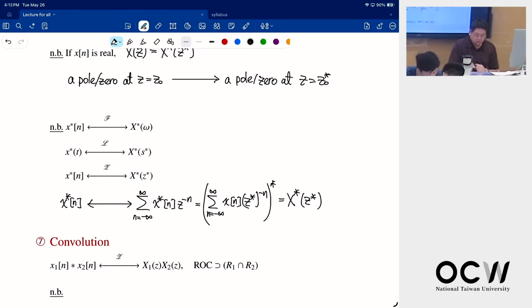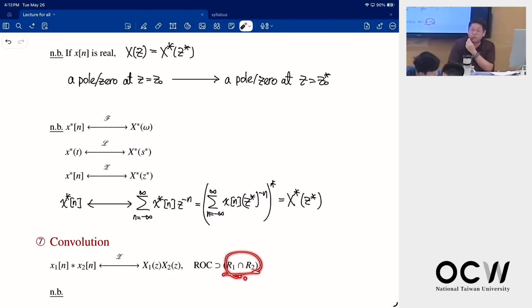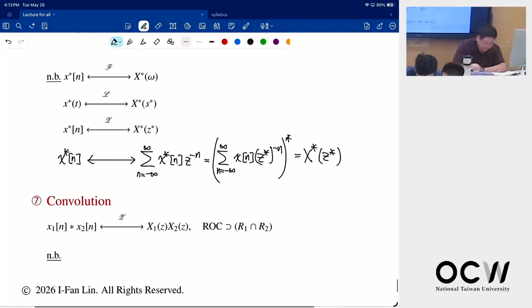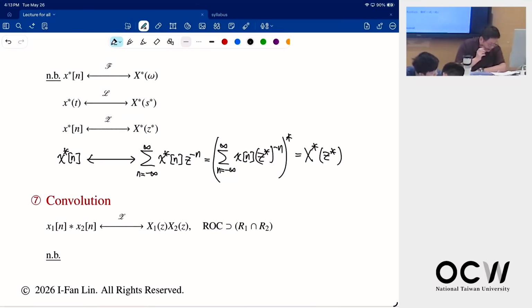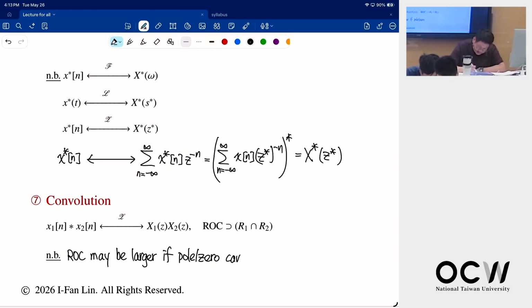Okay, and the region of convergence should be the intersection of the original two regions of convergence, but it may be greater than that, because when we have the pole zero cancellation, the region of convergence may be larger if pole zero cancellation occurs.